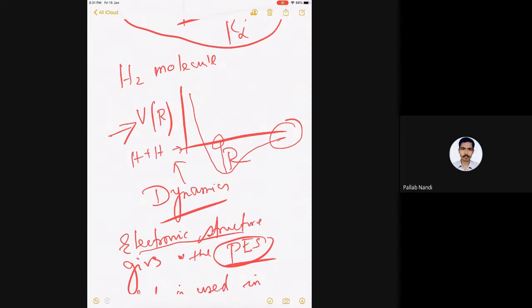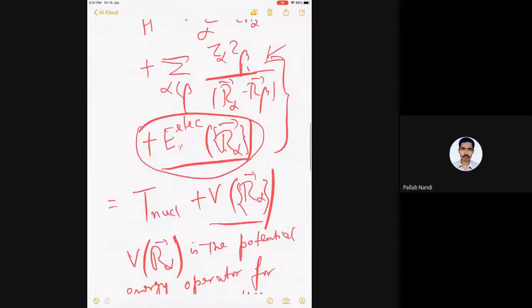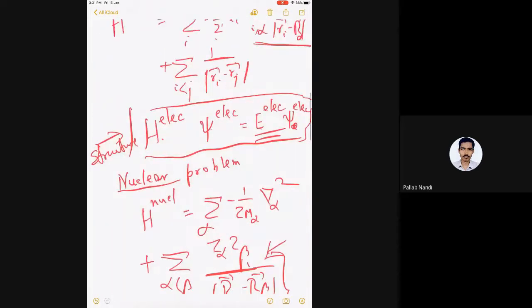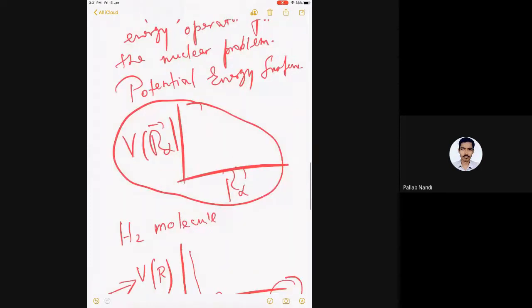Obviously, it's not possible in many cases because the electronic structure requires a lot of calculations for a polyatomic molecule. So what most dynamicists do is take some approximate potential energy surface. So you will see maybe from a reasonable electronic structure problem, not with so many R alpha, with some coordinates, then extrapolate and so on. So there are lots of approximate surfaces, and then they can do dynamics.